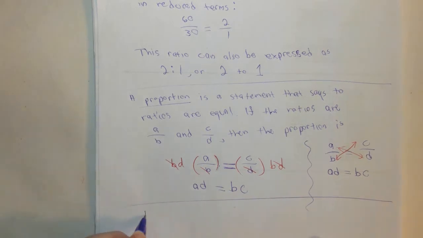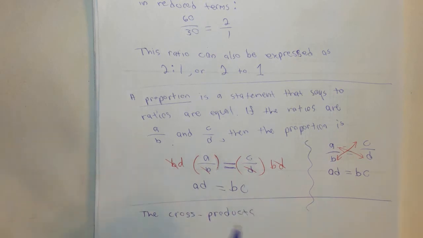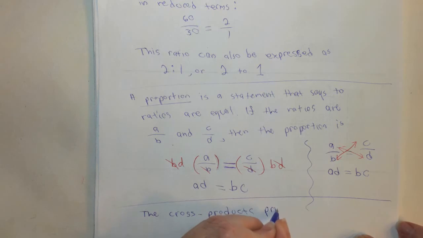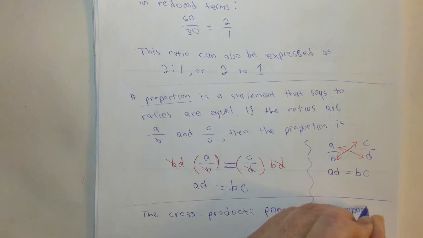This is called the cross products principle for proportions. Cross multiplication.